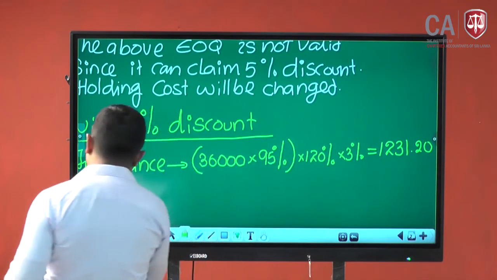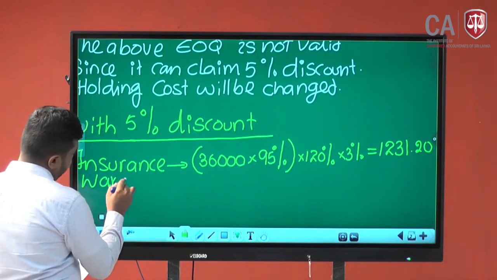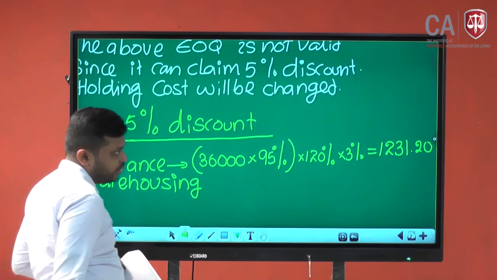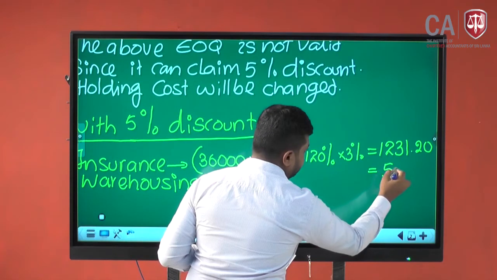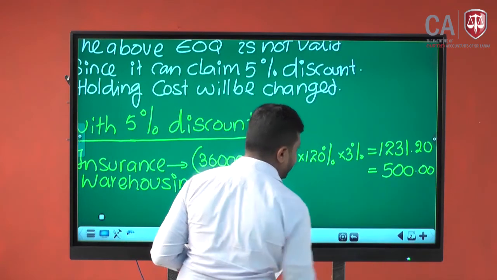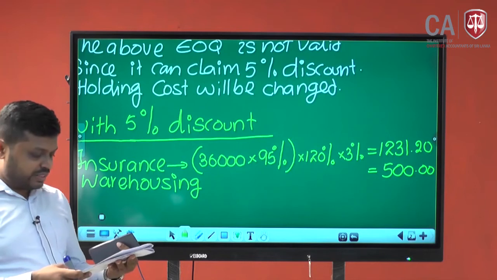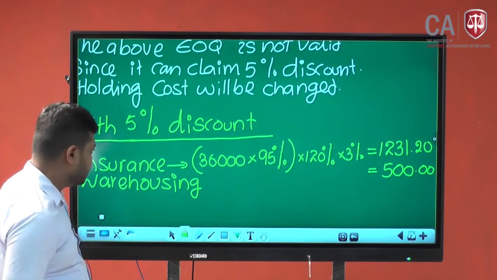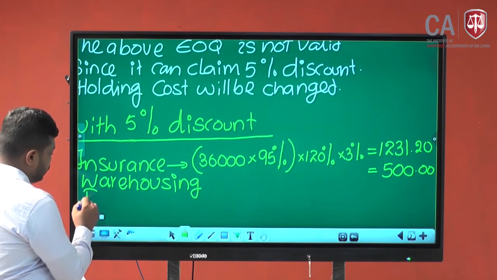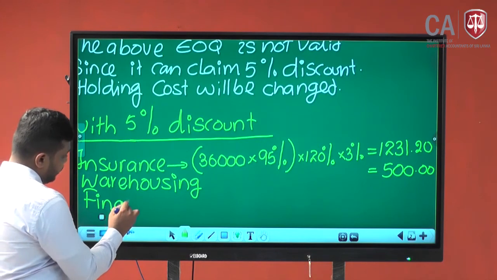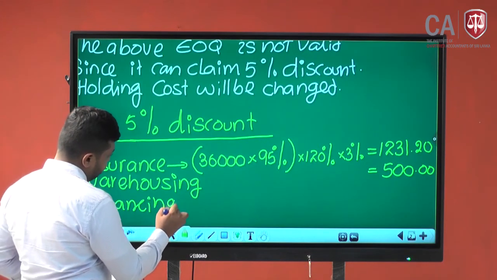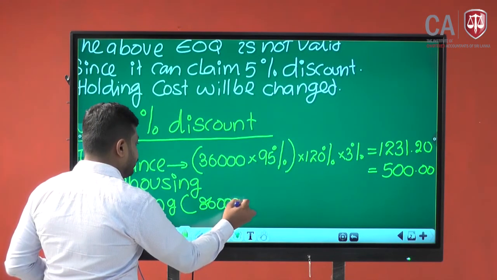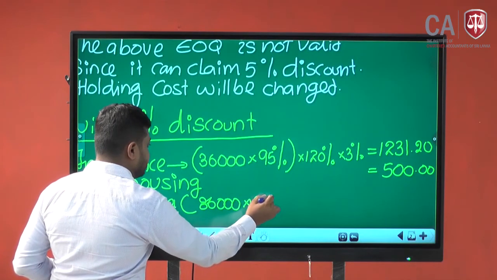Warehousing will remain the same. It will be 500 rupees. But finance cost will change. Why? Your purchase price is not 36,000, it is 95% of the 36,000. Financing: out of this 36,000, 95% is the price you need to pay.